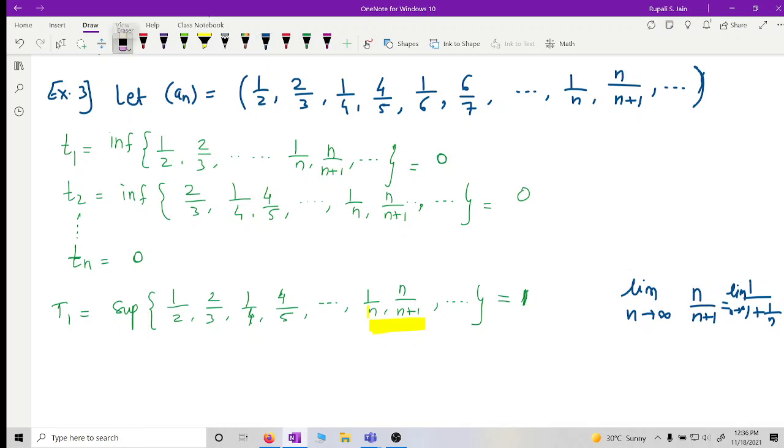So if we take the limit of this, I will get 1. Is that okay?